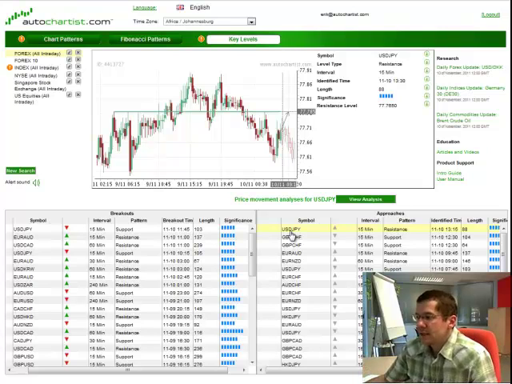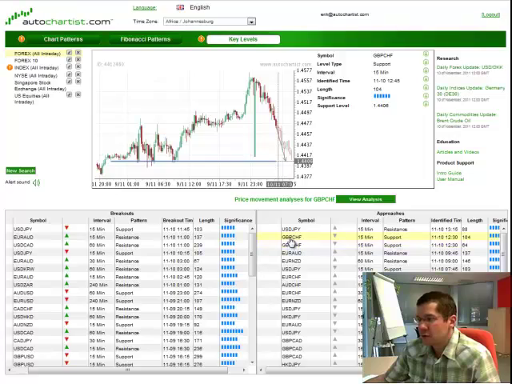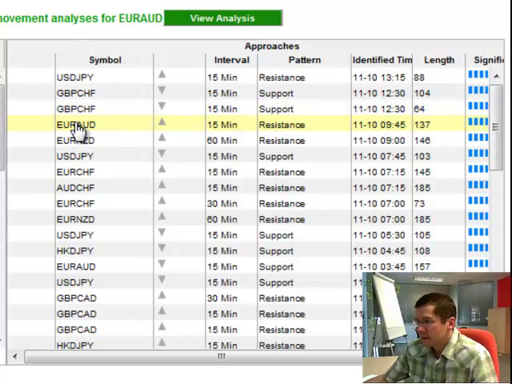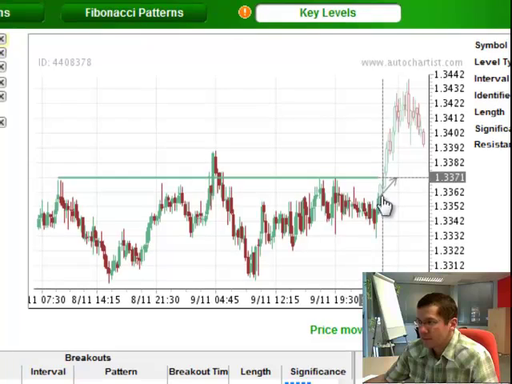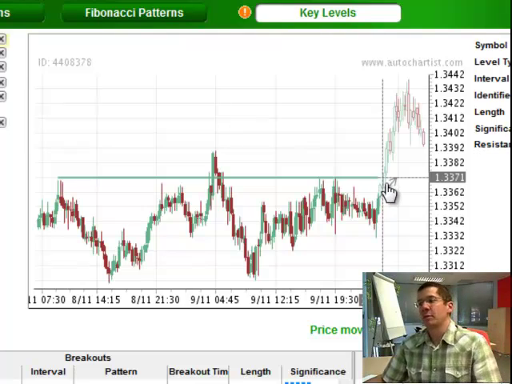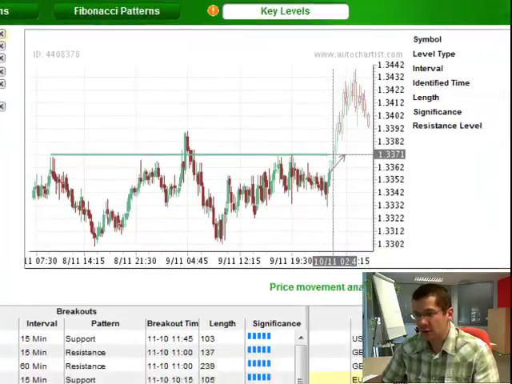I'm just going to click through this list again. Looking at the patterns very briefly, we've got two Pound Swiss franc signals here confirming each other. It looks like they've already reached that target level. Euro Aussie, once again, we've reached that level, and rather than just touching it and confirming it again, we found the price breaking through and creating a breakout signal.